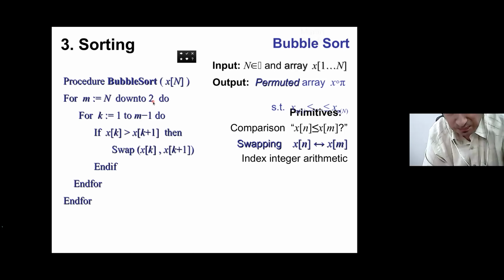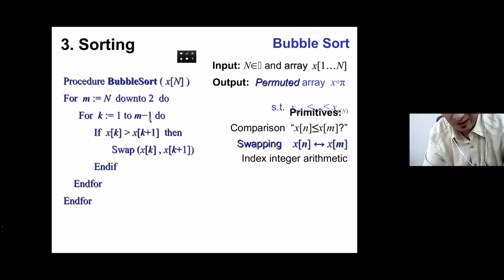And you go through all the pairs of neighbors of the first m elements of this array, and you always want the right one to be bigger than the previous one. So if you find that the left one is bigger than the right one, then you simply exchange them, and you step further.